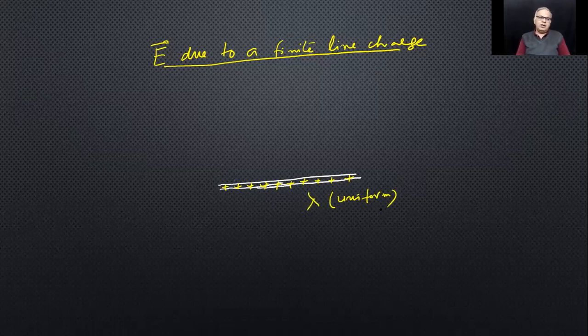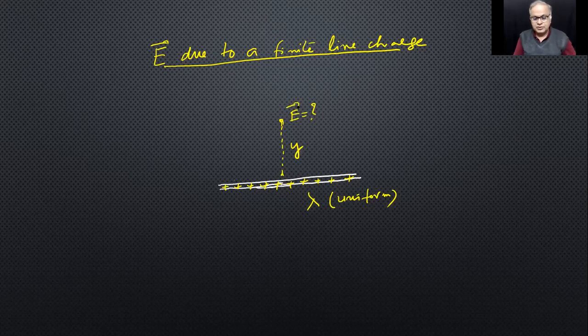That means for every small dl, dq is same. You are asked to find out, for example, on the perpendicular bisector at a distance y, what is this E? Our job is this. The ends are known here. That's why it is called finite line charge.